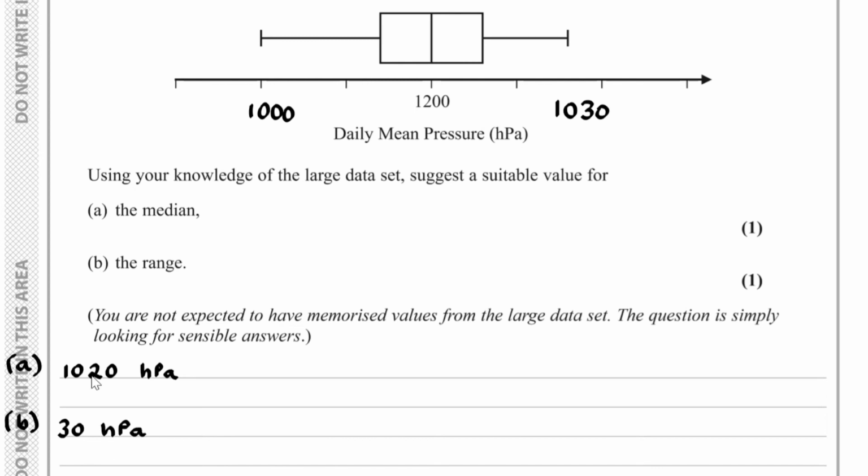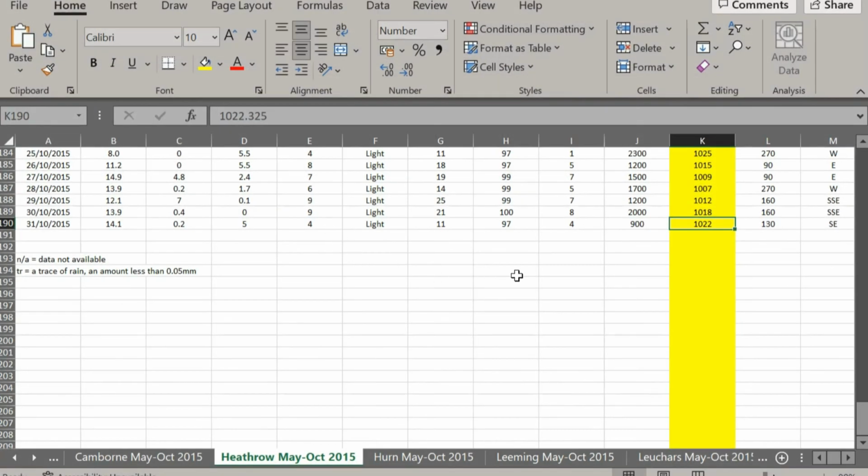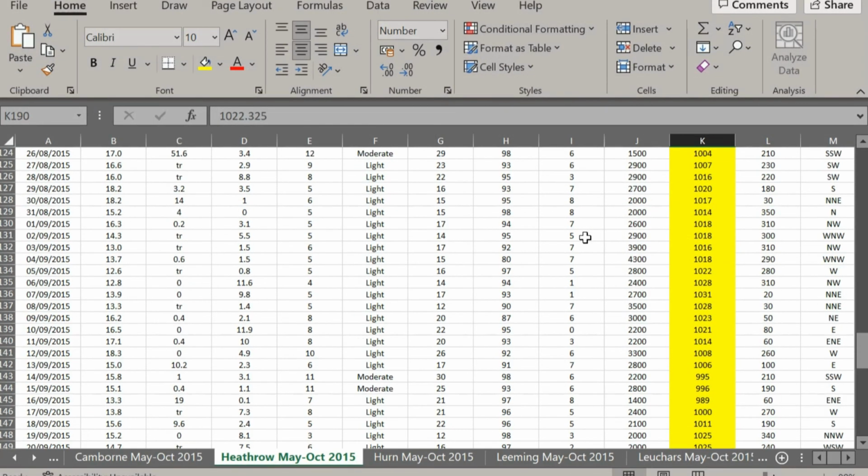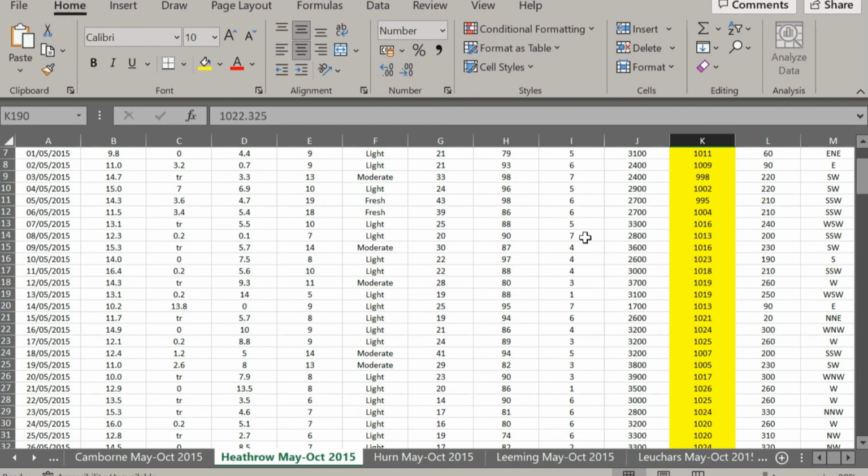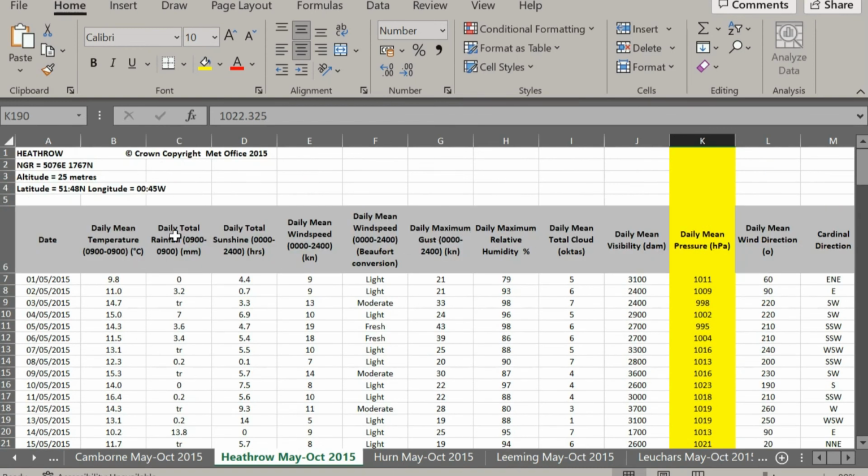So what I would advise in this sort of question is to familiarize yourself with the range of values for the various different tabs and gain an understanding of how, say, temperature varies in various locations.